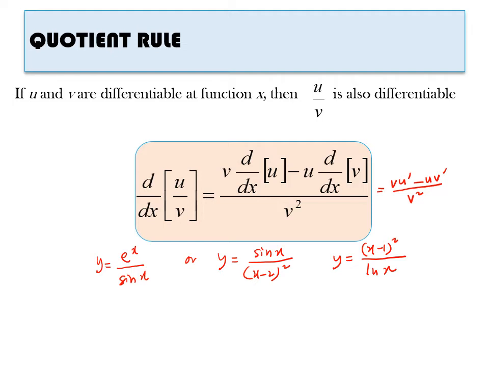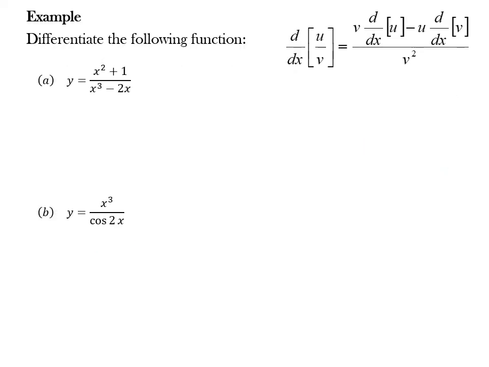Okay, let us take a look at the example. Okay, here we write again. This is vu prime minus uv prime over v squared, the formula. Okay, so here the top function will be the u, and the bottom one will be v.